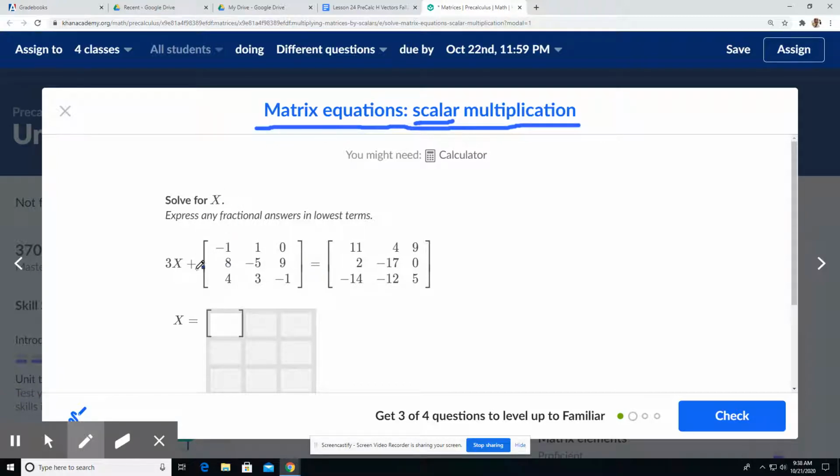So I'm going to go ahead, and this is adding this matrix. So we will subtract the 3 by 3 matrix from both sides.